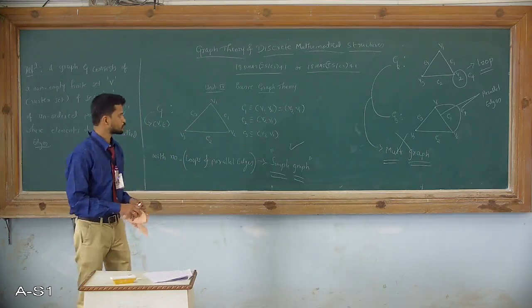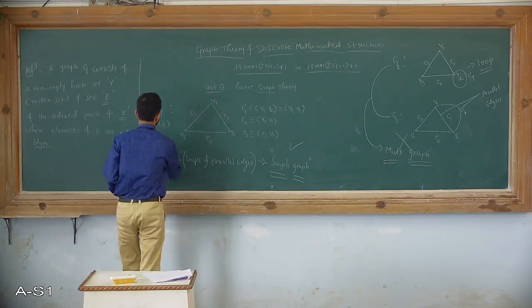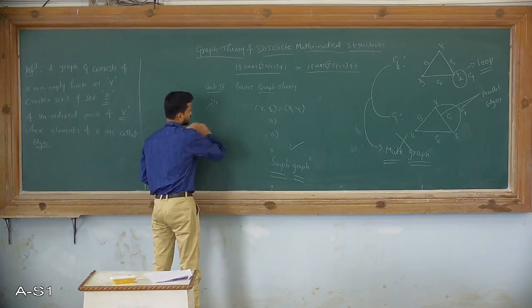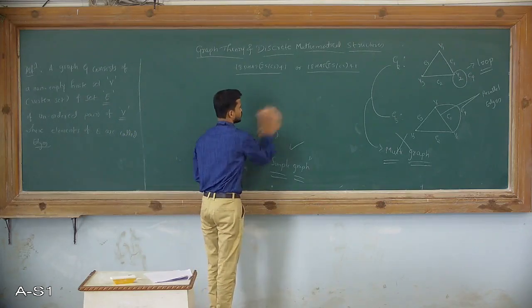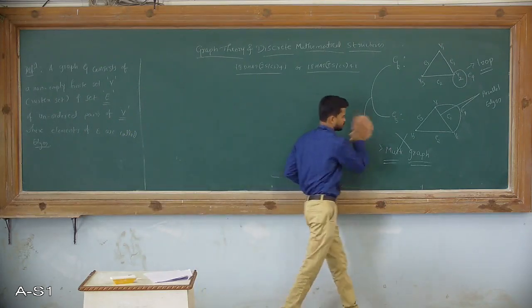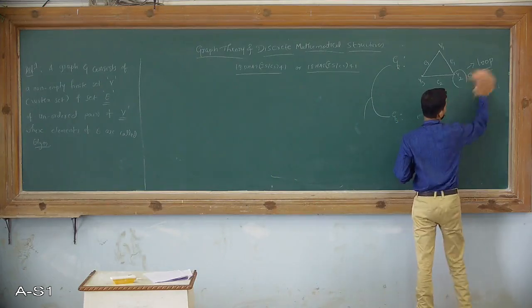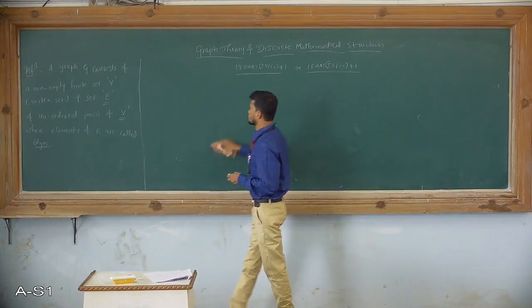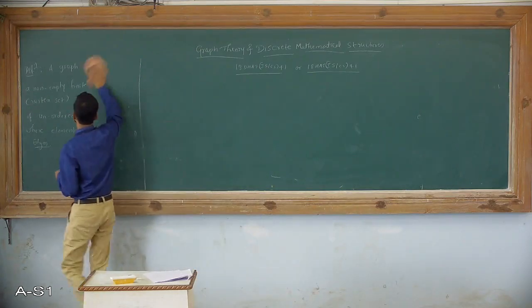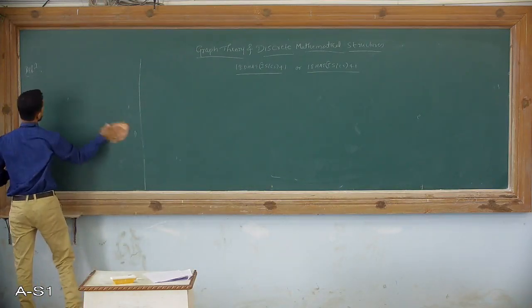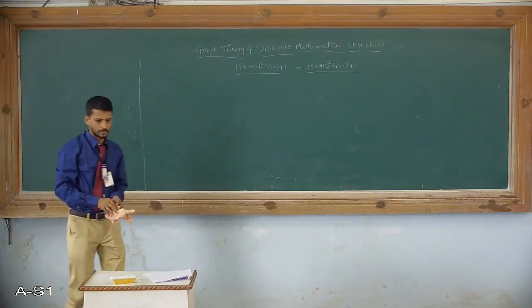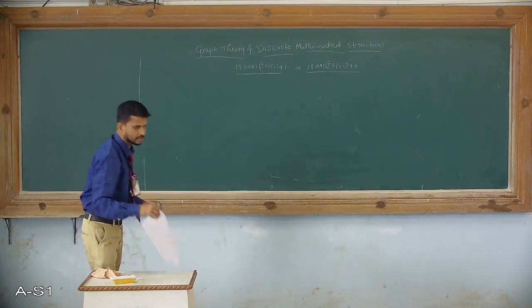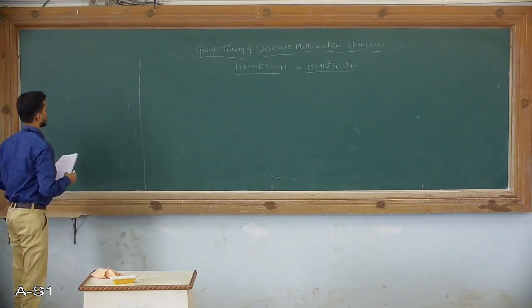Now we will move to a very important concept of graph theory, which leads us to think of many application problems. That is called the degree of a graph vertex. So now we will move to the next definition, called the degree of a vertex. First I will write down the definition, then I will deal with some examples.